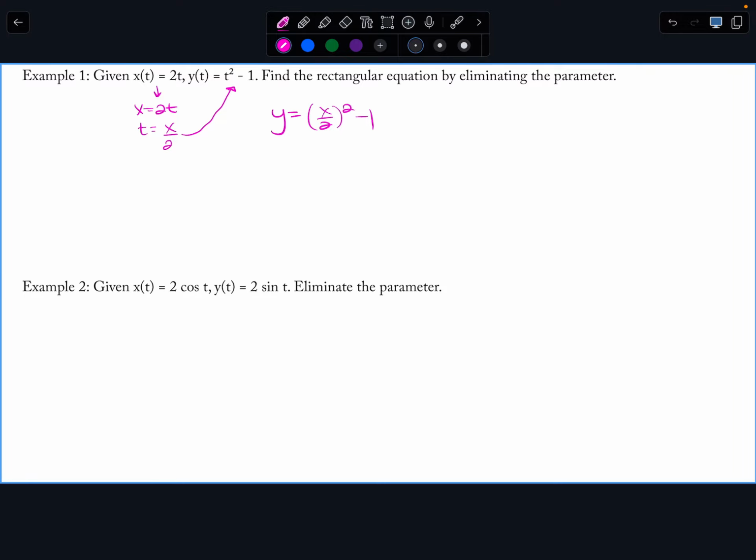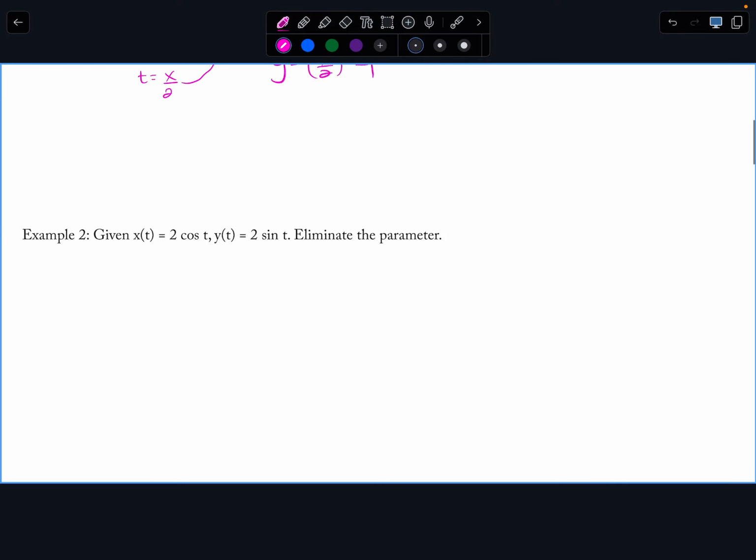Example 2 requires some effort. It requires you to know or remember that sine squared plus cosine squared is equal to 1. So to eliminate the parameter, I'm going to take my x equals 2 cosine of t, and solve for cosine of t.